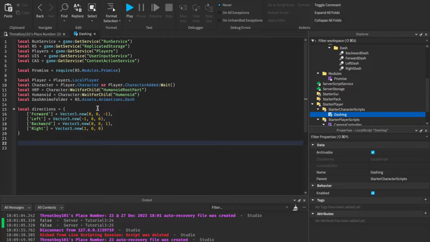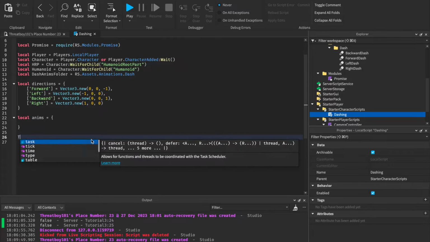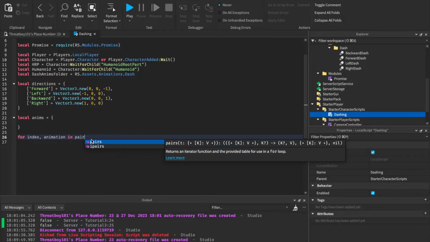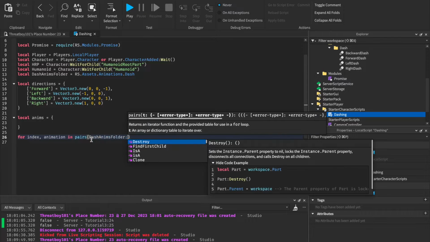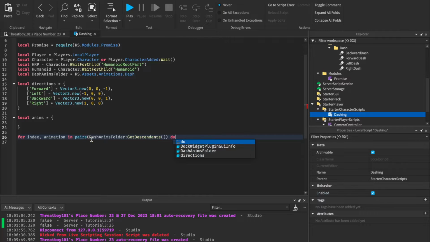And then now we're going to go ahead and load our animations so that they are available when we want to play them. So I'm going to loop through the dash anims folder.